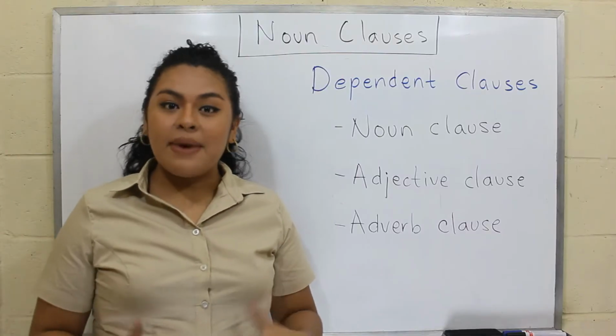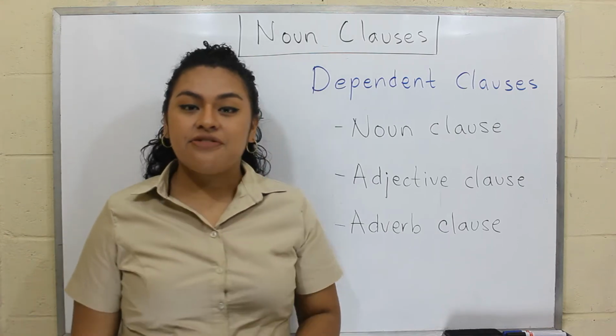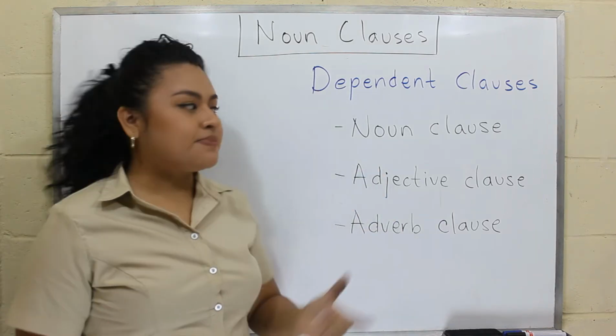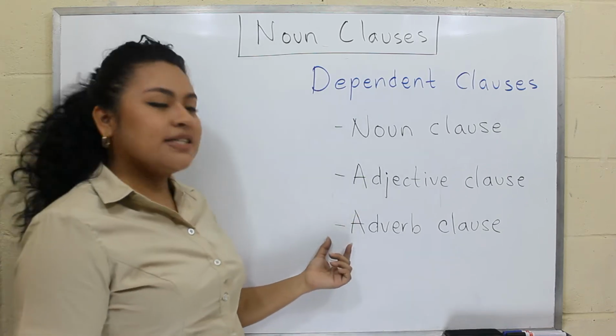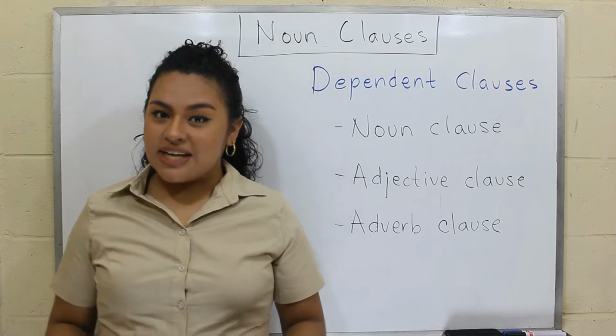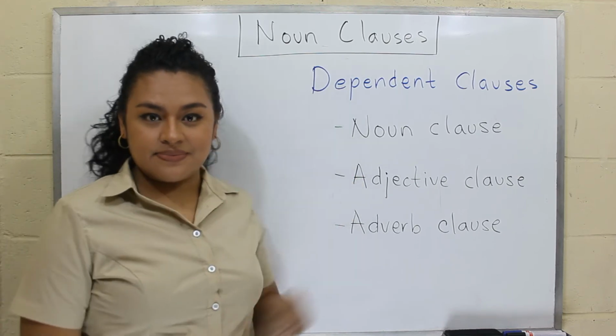When we talk about dependent clauses, we talk about three different types: noun clause, adjective clause, and adverb clause. In today's video, we are going to focus on noun clauses.